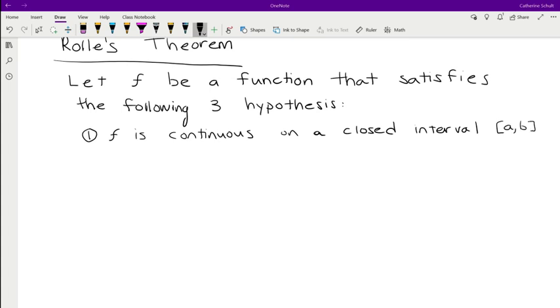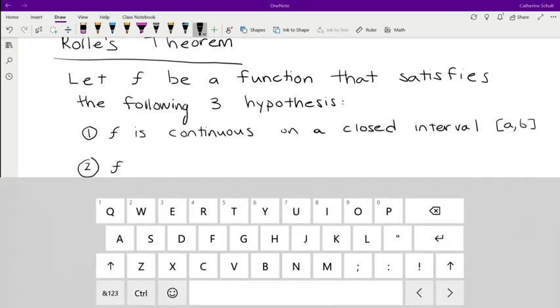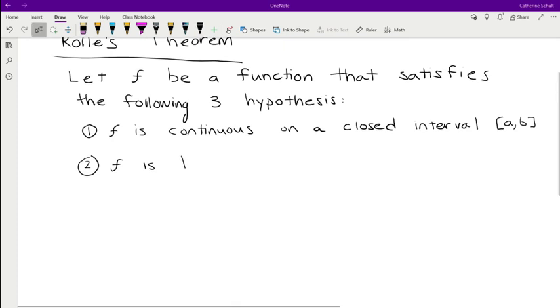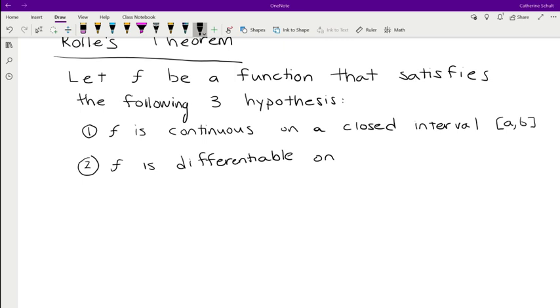All right, the second thing is we want f to be differentiable on the open interval (a, b). And then the last thing is we want the endpoints of the function to be equal. Okay, so let's see, if we have these three things, what the conclusion of Rolle's theorem is.